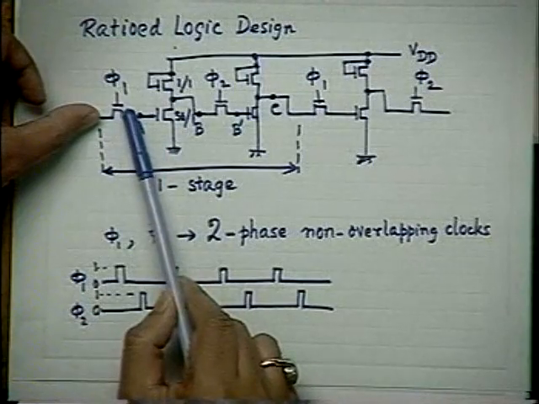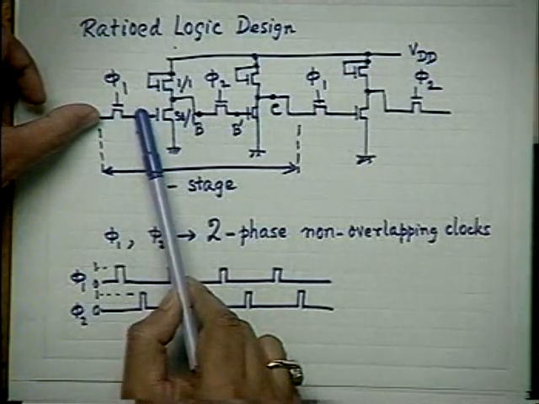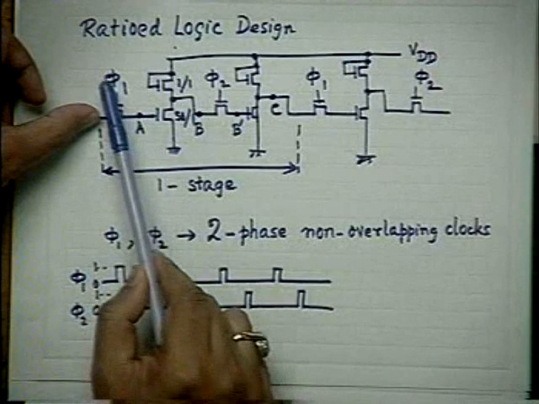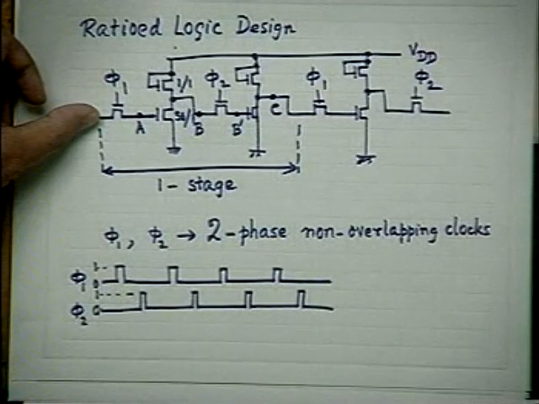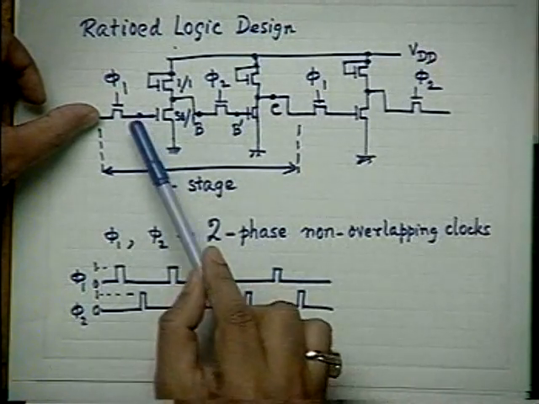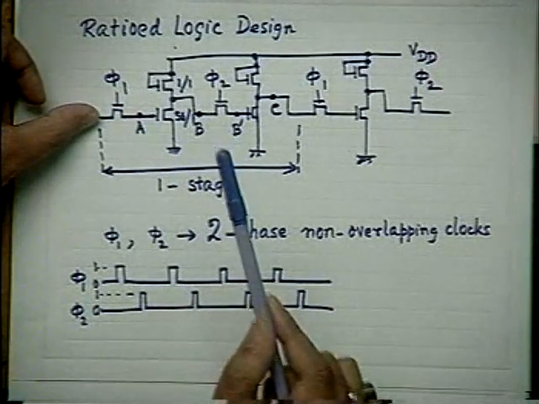Therefore, the effective resistance seen between A and ground, when phi 1 is 0, that means this transistor is off, is very, very high, usually of the order of several megaohms. So what will happen? If any charge is present here, that will be retained for some time.